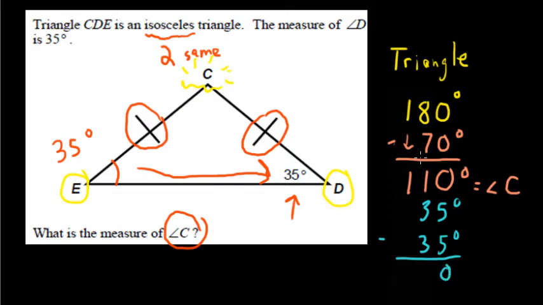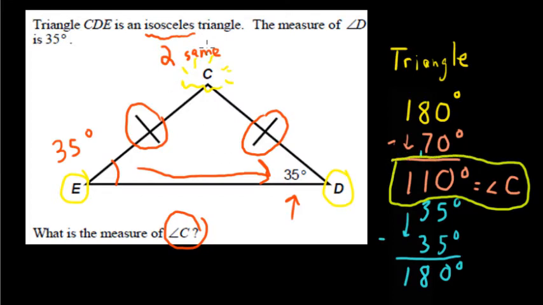Carry the 1. 1 plus 1 is 2, plus 3 is 5, plus 3 is 8. Bring down the 1, and I get 180 degrees, and that's true for every triangle. That means that my answer, 110 degrees, has to be true. That's right.